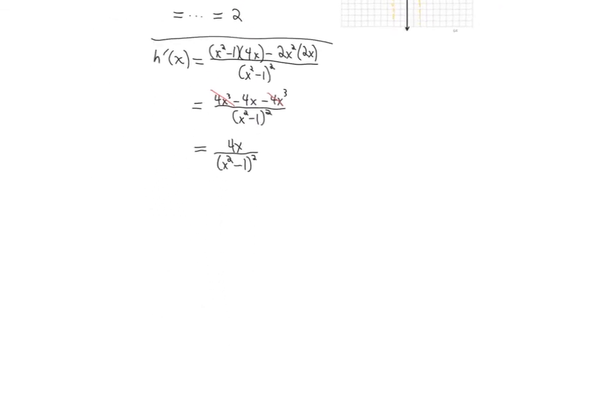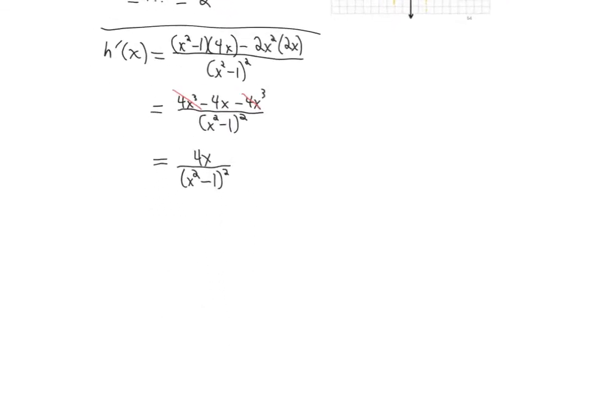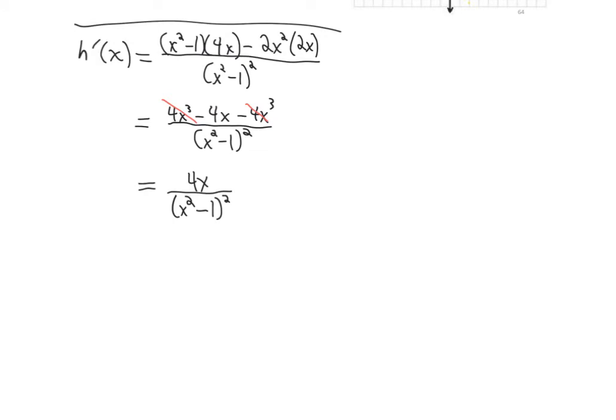Now remember, what we do with that is set it equal to 0 and solve for x. Because again, we're looking for the places where the first derivative is positive and where it's negative, and 0 is our dividing line. Using a similar idea as what we did earlier when we were looking for the x-intercept, notice that this fraction, 4x over x squared minus 1 squared, will only be 0 if the numerator is 0 and the denominator is not 0.